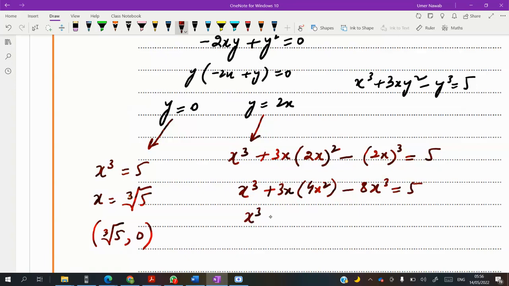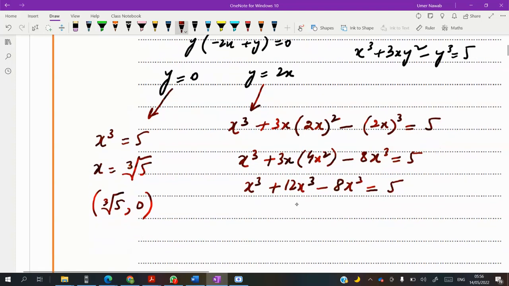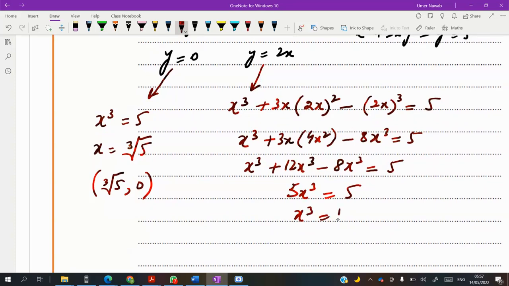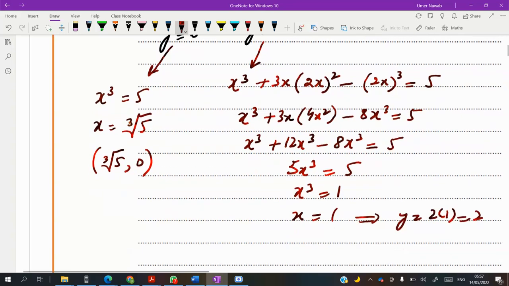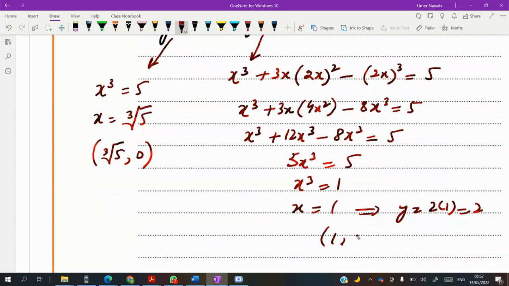We got x cubed plus 12x cubed minus 8x cubed equal to 5. It gives us 5x cubed is equal to 5, so x cubed is equal to 1 and x is equal to 1, which gives you y, which was 2x. So now y is 2. So that second point is 1, 2.